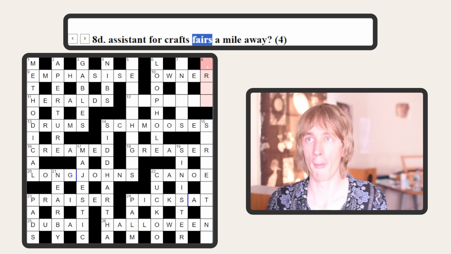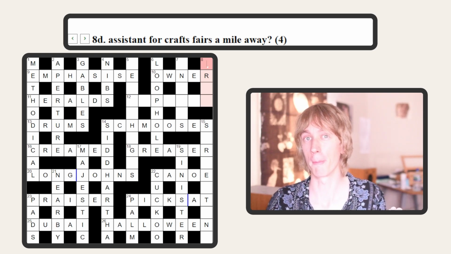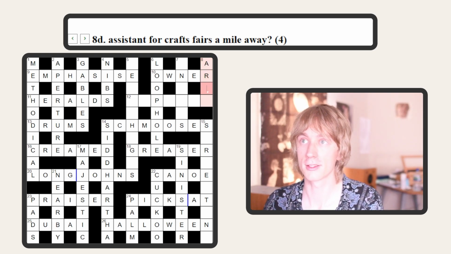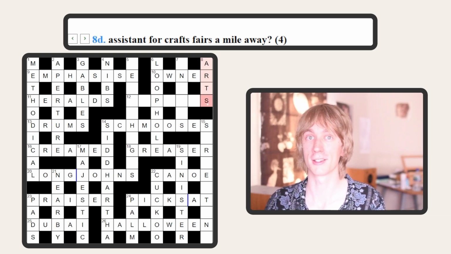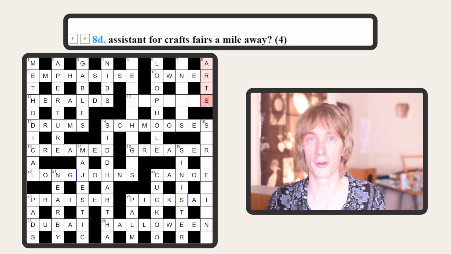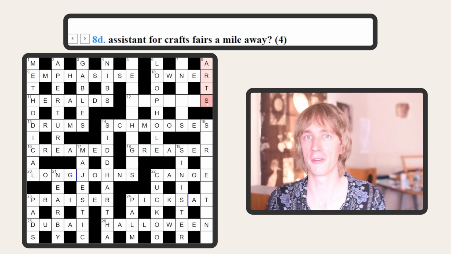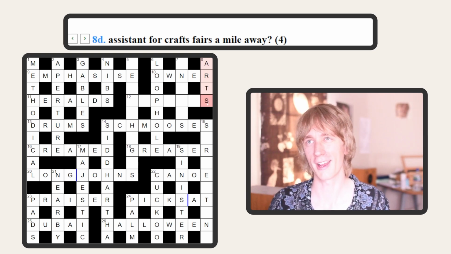A fair is a mart where you sell lots of things. And so if we take the M away from marts, we get arts. And an assistant for crafts is art in the sense that you see arts and crafts together pretty often, right? As a duo, so they assist each other. Again, you can see why that question mark is necessary.